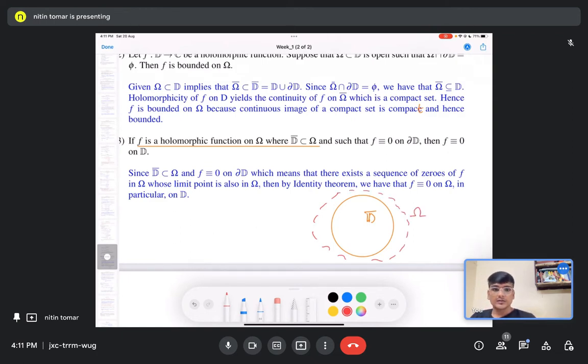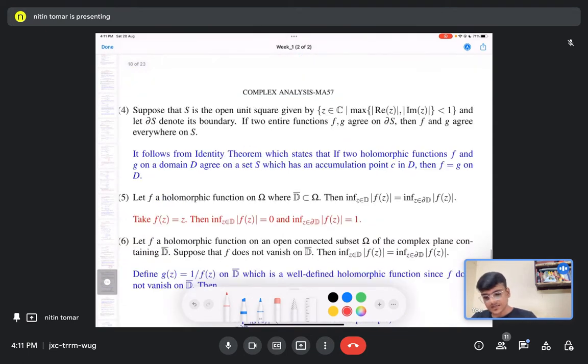Now f is 0 on the boundary of D, which means on these points on the circle f is 0. Then can you recall any theorem which can say f is 0 on the whole set? You recall the identity theorem. So what does the identity theorem say?